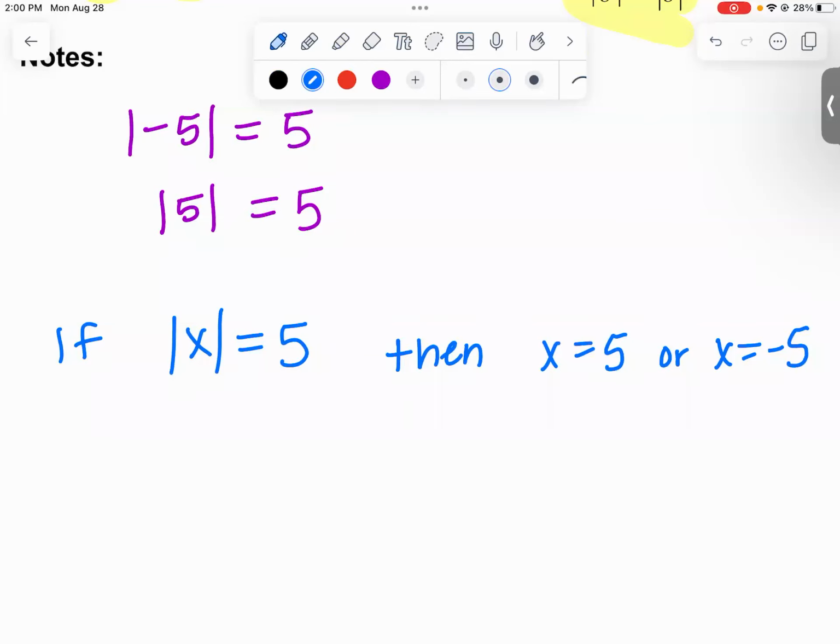Or if I had the absolute value of x equals 17, x could be 17 or -17. Two different numbers inside the absolute value sign can give me the same answer. So go ahead and turn the page to page 20.